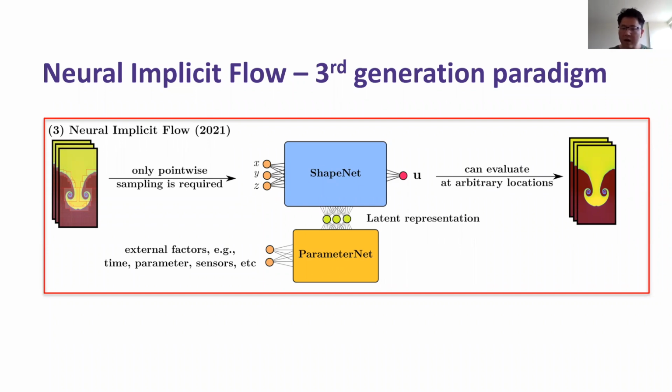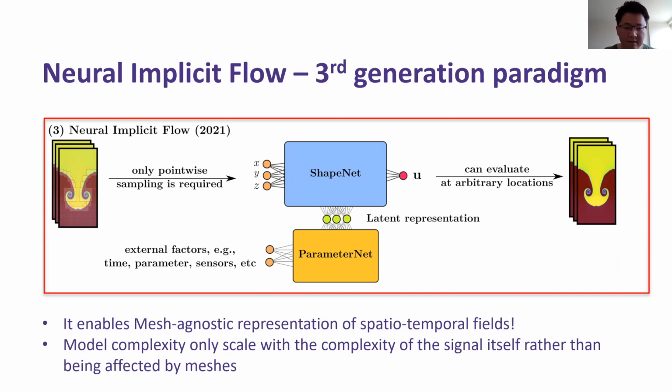Okay. And once it's trained, it can evaluate at arbitrary locations. Let's say you trained this framework on 128 square. You can evaluate on 512 square. Great. So to summarize, it enables a mesh-agnostic representation of spatial-temporal fields.